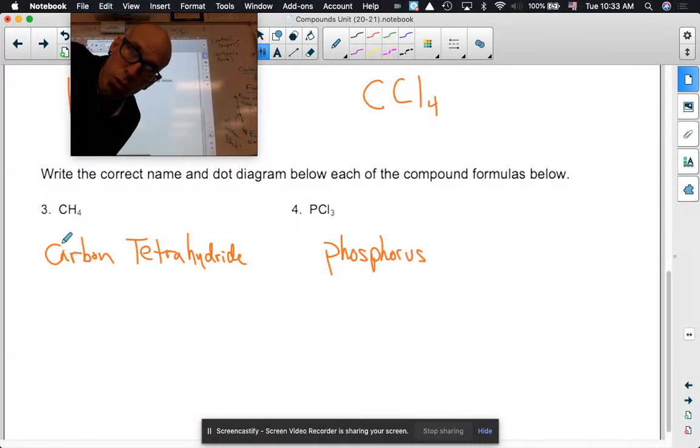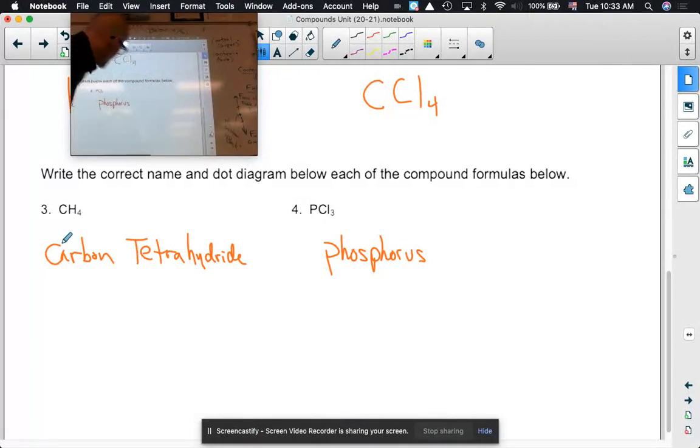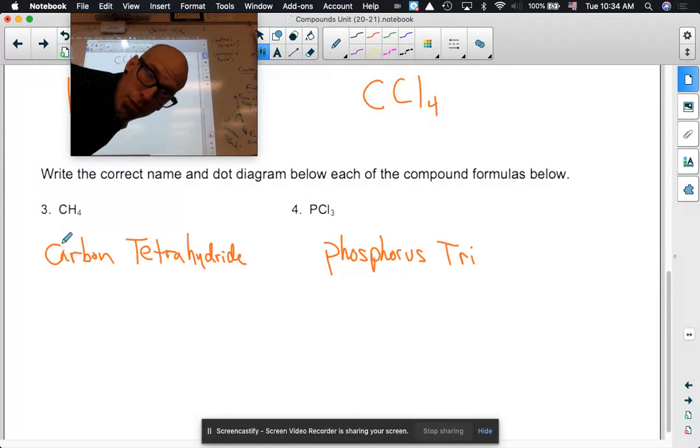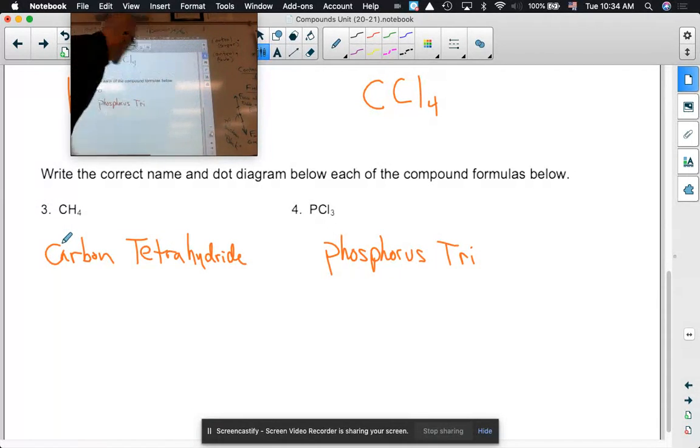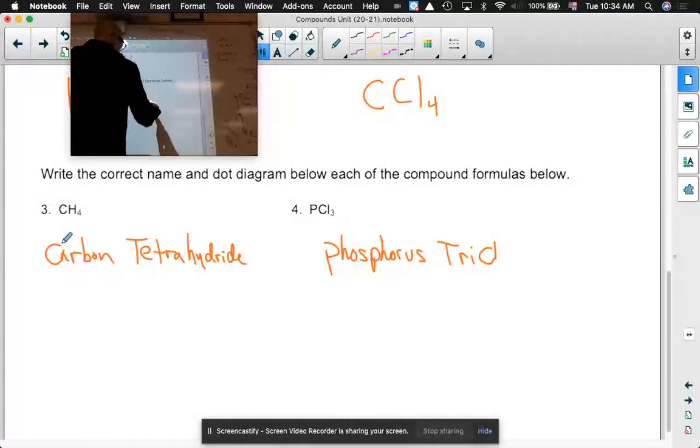What's the subscript? 3. What's 3? Tri. Phosphorus, tri. And again, we got Cl for chlorine. And so instead of chlorine, it's chloride. Phosphorus trichloride.